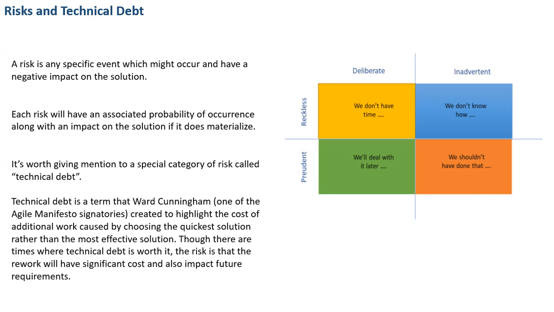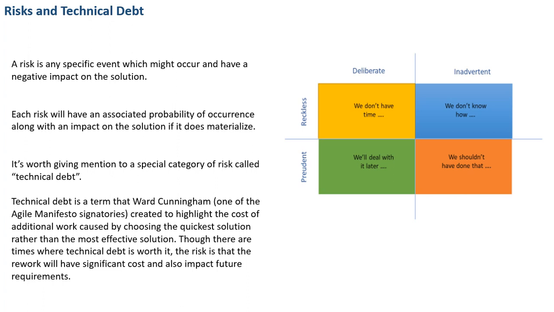You need to quantify or at least elaborate on risks. Every solution has risks. A solution without risks I don't think would be useful. You've got to have risks wherever you go as a solution architect.